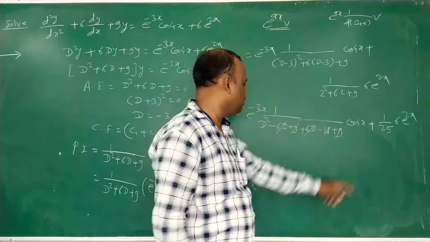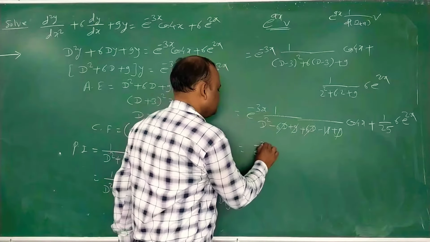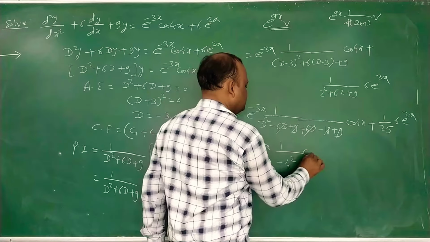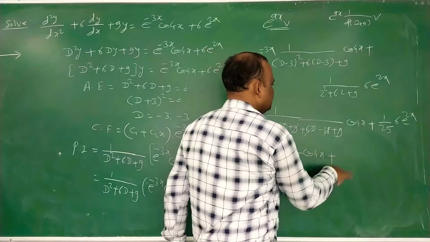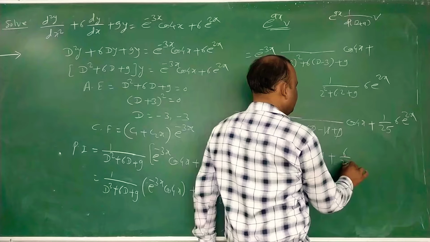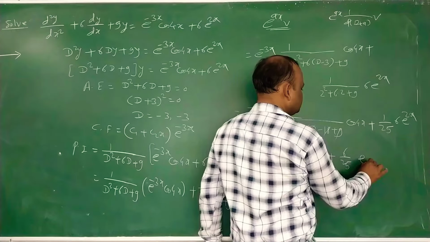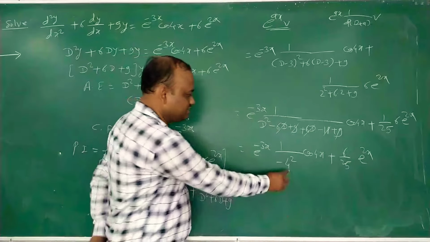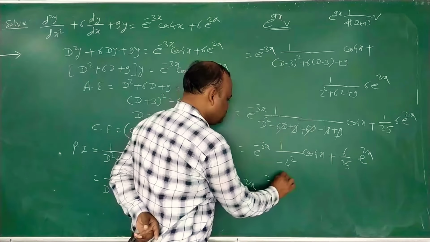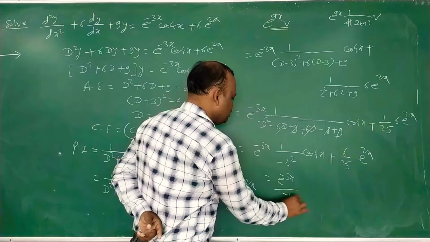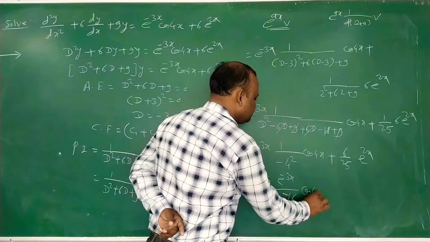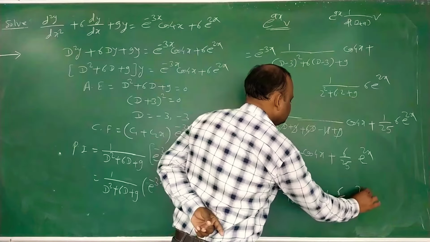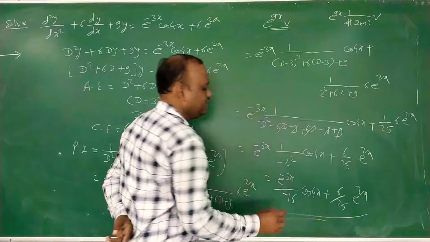So a is 4, replace D² by -4² into cos 4x, plus 6/25 into e^(2x). After simplification, this is e^(-3x)/(-16) into cos 4x plus 6/25 into e^(2x). So this is the particular integral.